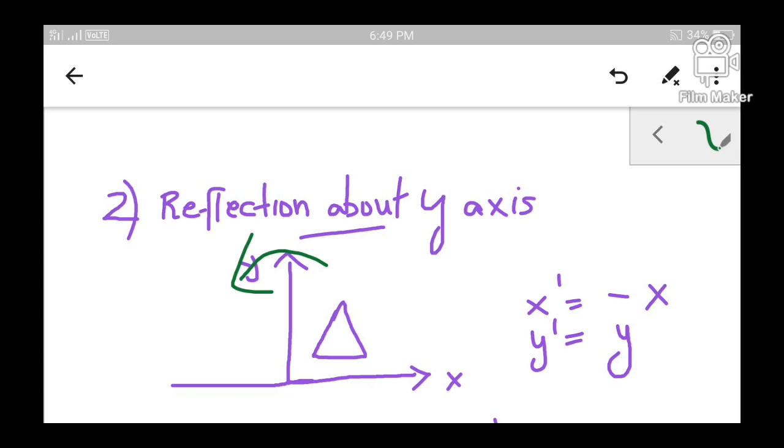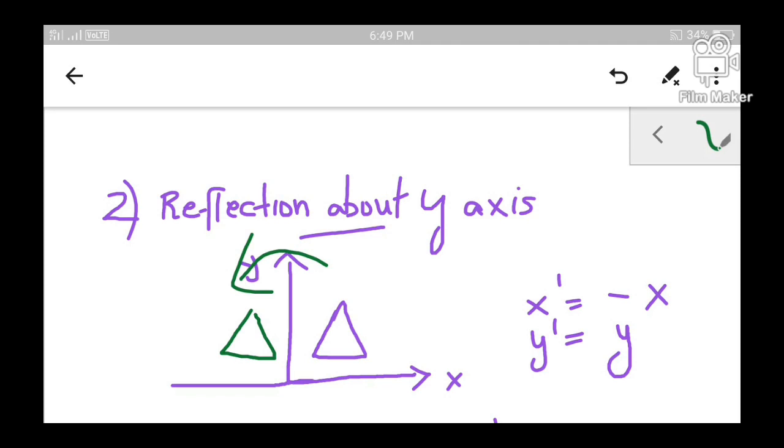So typically after reflection, the reflected image will be obtained in the second quadrant, like this. I repeat, since this is a reflection about y-axis, the object will be rotated by 180 degrees about y-axis, and after reflection the reflected image will be obtained in the second quadrant.